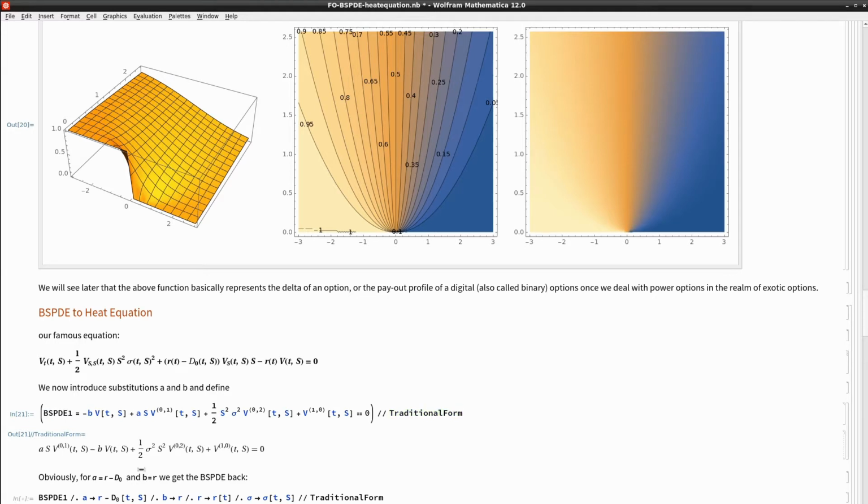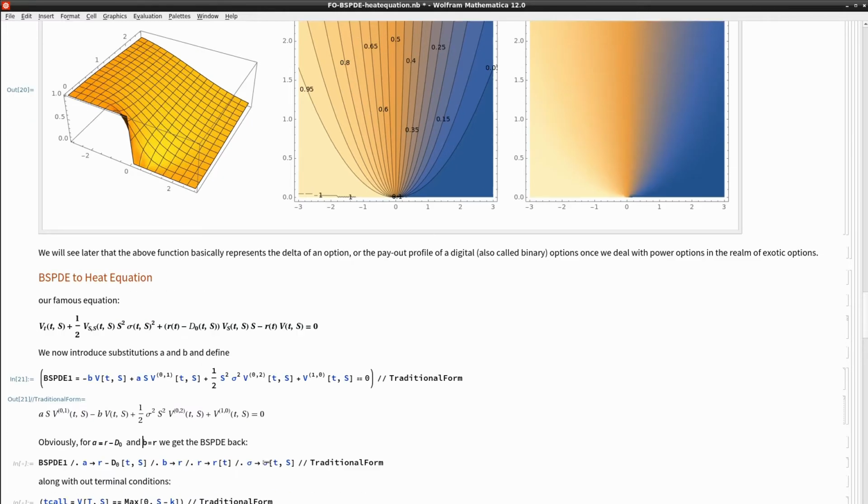So I'm introducing A and B here for substitutions. They make some of these substitutions and transformations that are going to come much easier. But we can always back substitute. So if we use r minus d0 for A and r, the rate, for B, we get the BSPDE black. So I'm not cheating here.